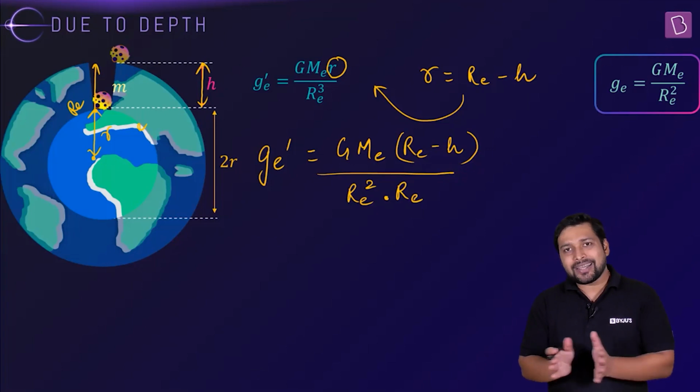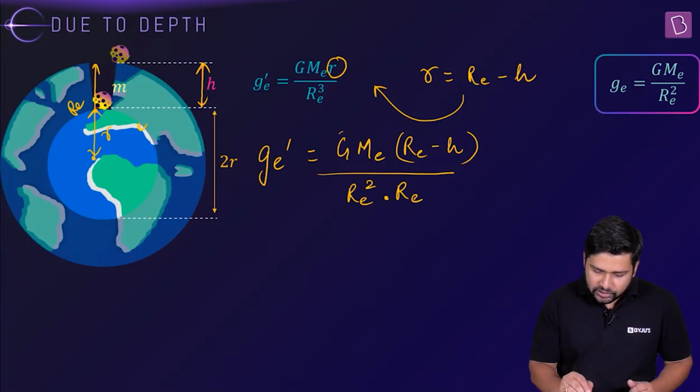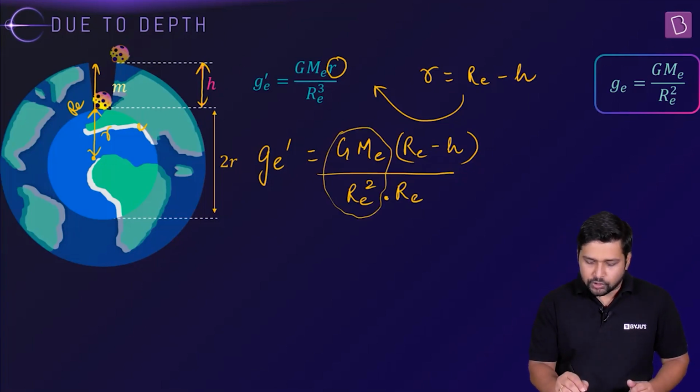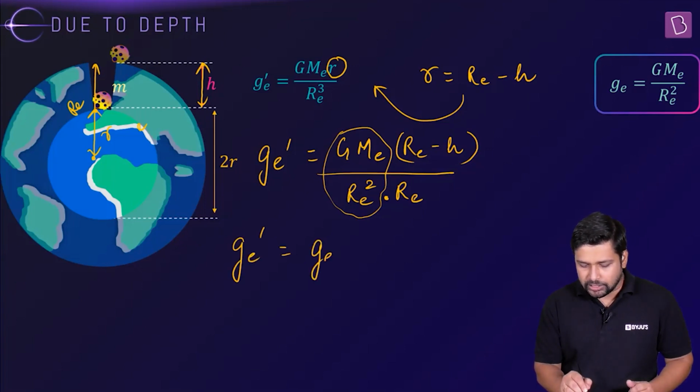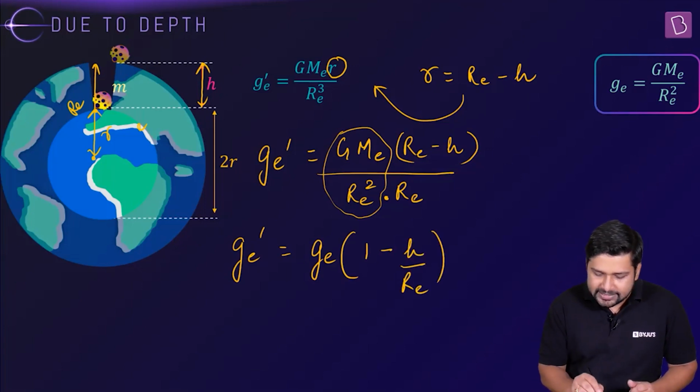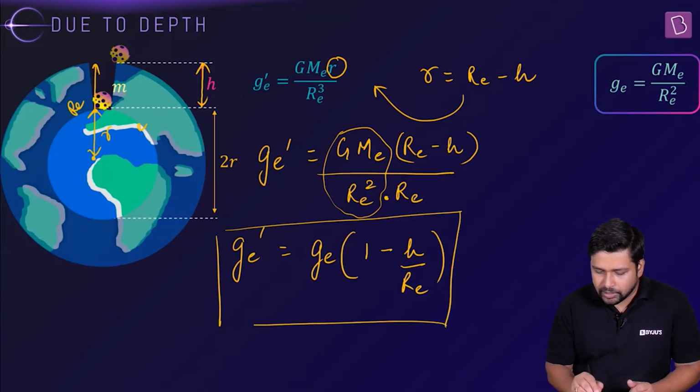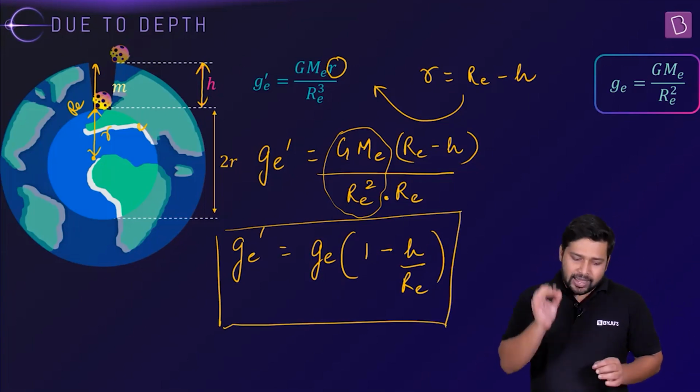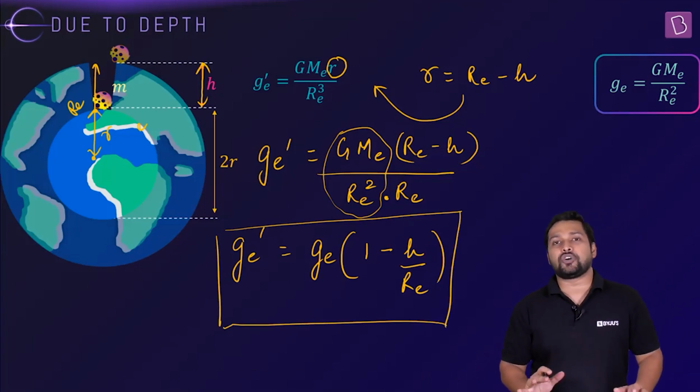This G Me by Re squared can be written as Ge, so we can write Ge dash is equal to Ge times Re by Re, so 1 minus h by Re. This is the final expression in terms of depth or h, the height below the surface of the earth.